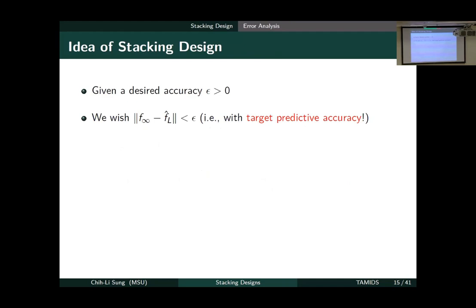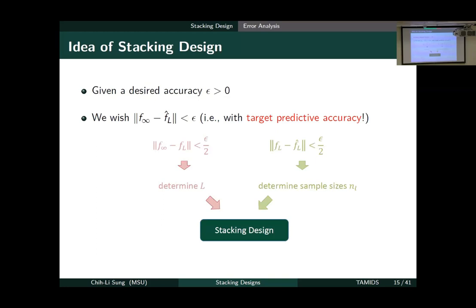Right? So this is our goal. We want to make this error smaller than a desired accuracy. So you can pre-specify your accuracy beforehand, before you do your analysis. I will show you an example later on. This norm could be the L2 norm or the infinity norm, uniform norm.